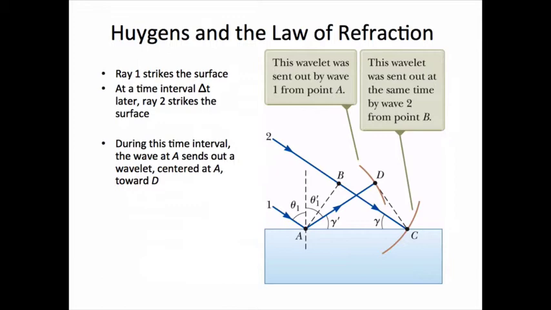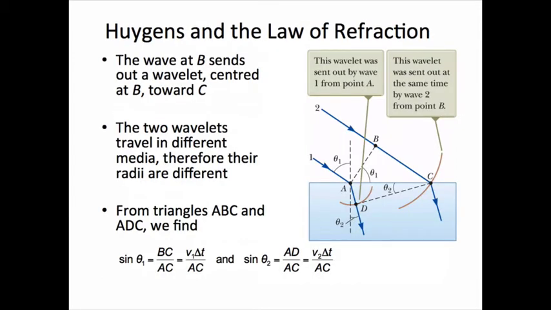We can also use Huygens construction to get Snell's law. If we return to our picture of two rays reaching a boundary, we have ray 1 and ray 2. We now add on what they do after passing through the boundary.